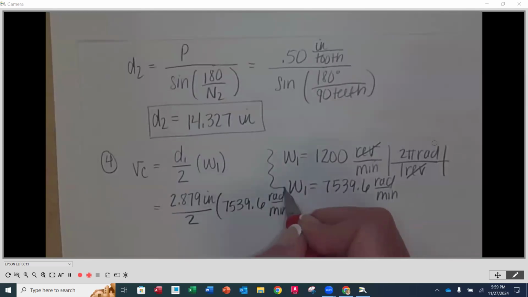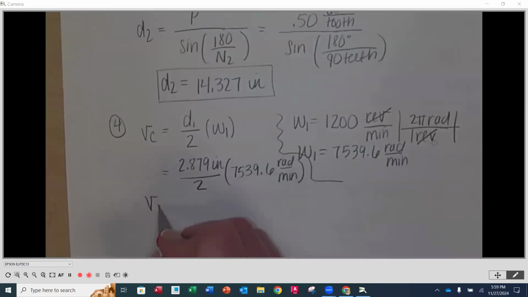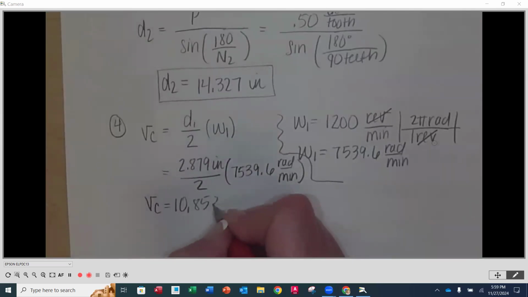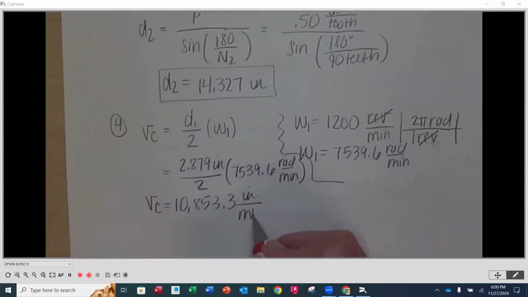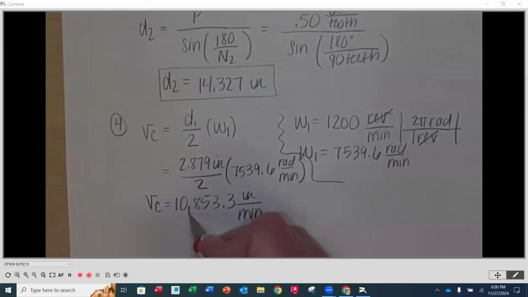So my belt speed is going to be 10,853.3 inches per minute. It's going to be inches times radians, so radians magically disappears, right? This is comma.